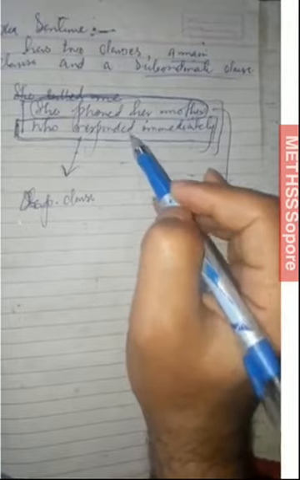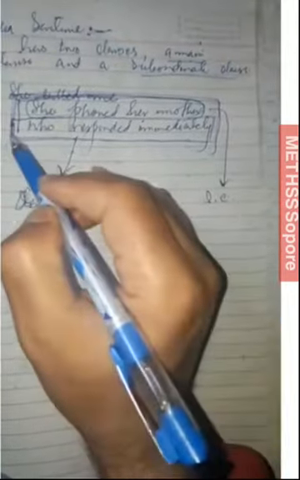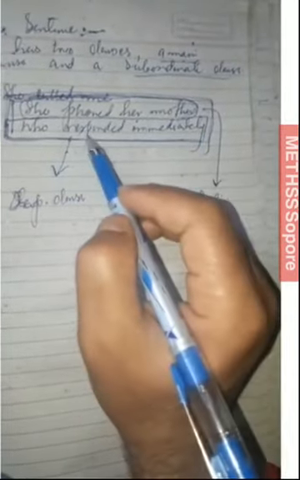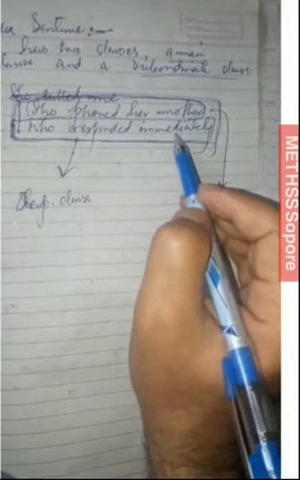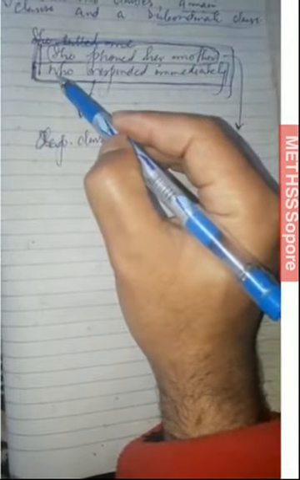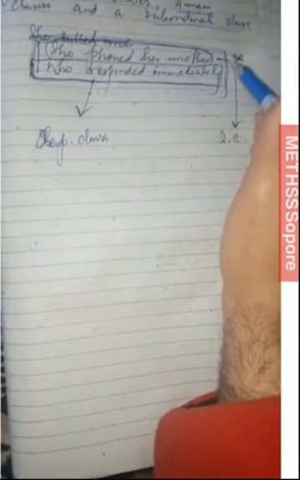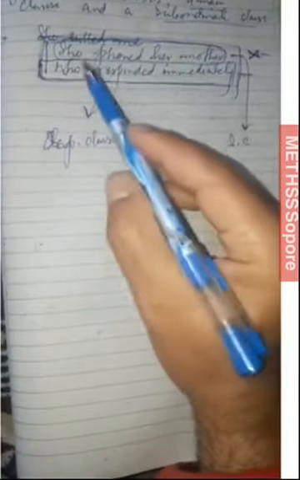When we have a sentence like this, it is termed a complex sentence. The subordinate clause is dependent on the main clause. If we remove the main clause, who responded immediately will not give us a complete sense. So for the complete sense, it is dependent on the main clause.